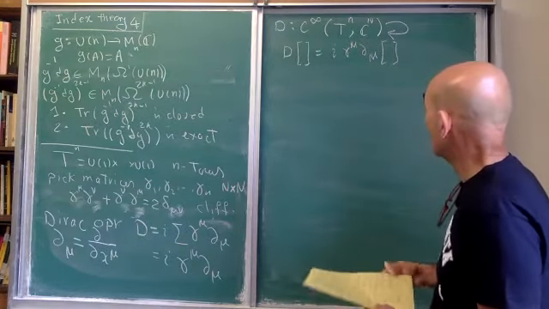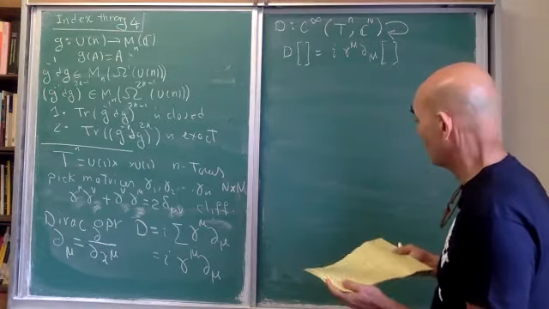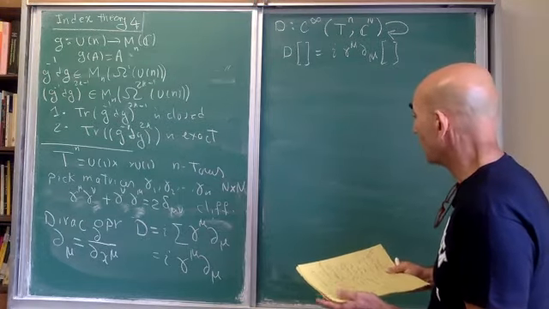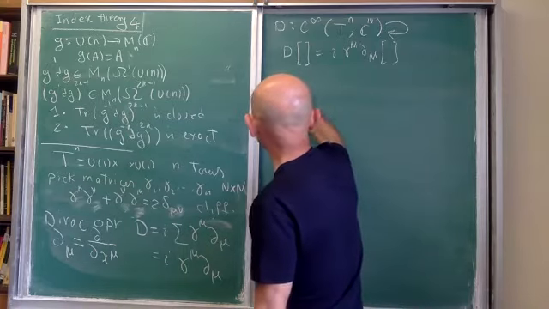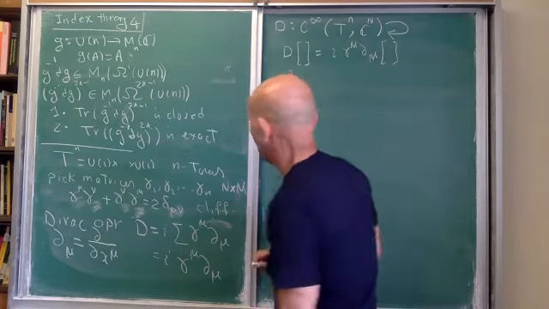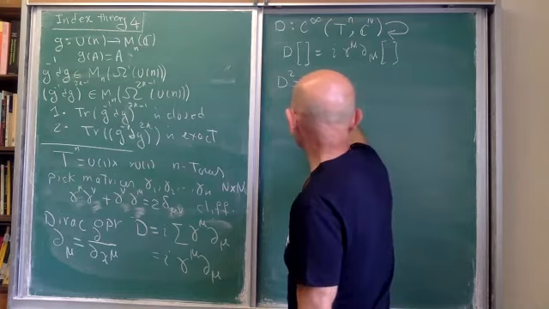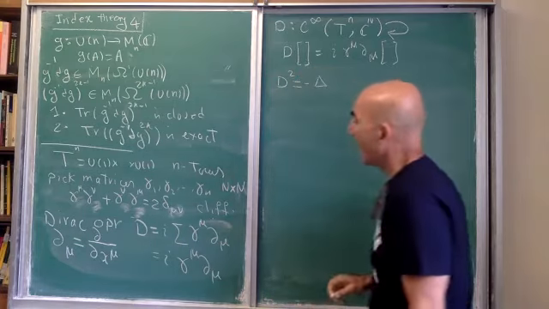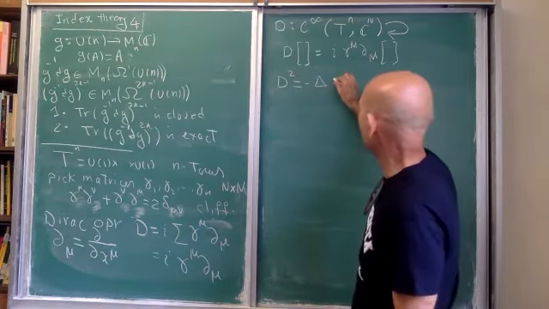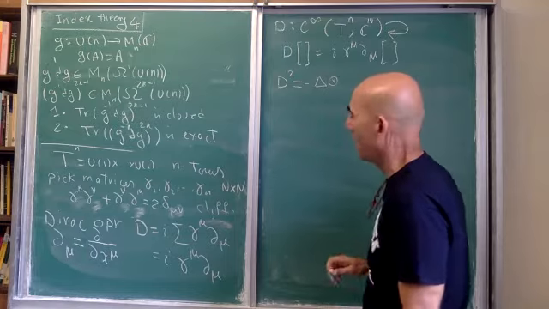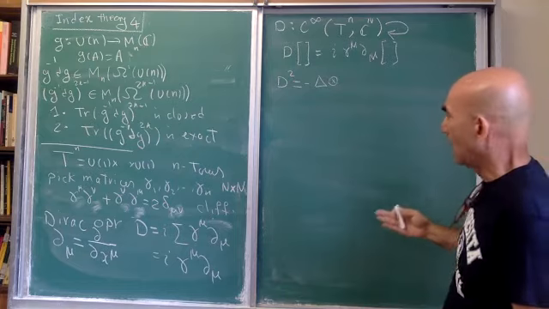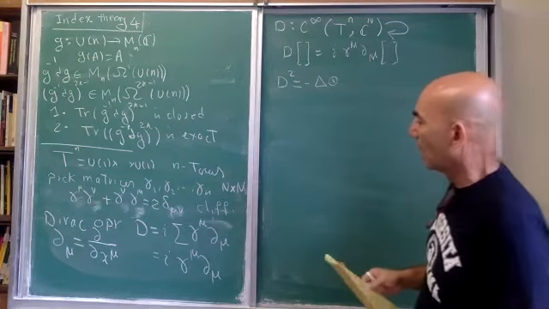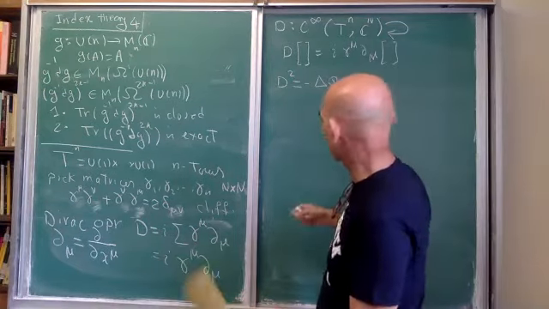Okay, so good. So we have that. Now, of course, you can check that D squared is minus the Laplacian, tensor the n by n identity matrix.